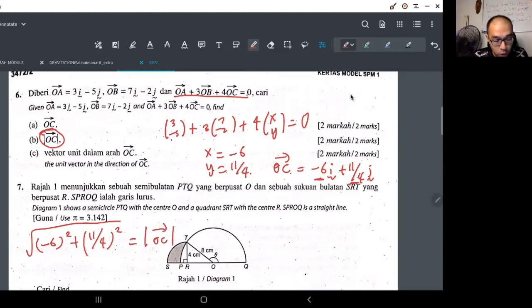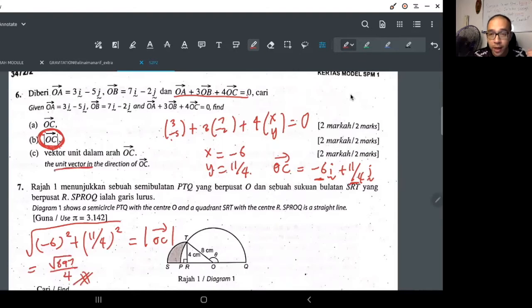This modular sign, yes, it is a modular sign, but it also means magnitude. Dia punya jarak, dia punya panjang, dia punya hypotenuse. Calculate it as hypotenuse. When you calculate this, you will get root 697 over 4.